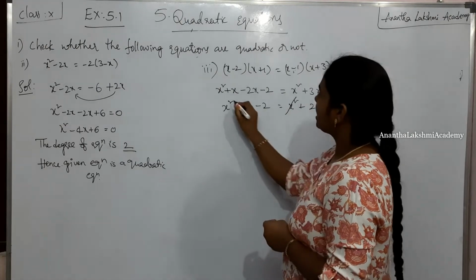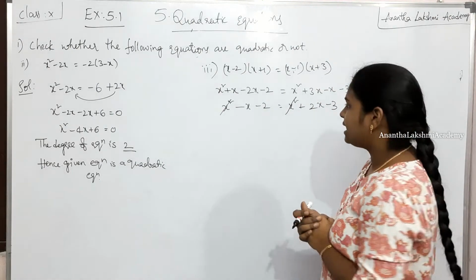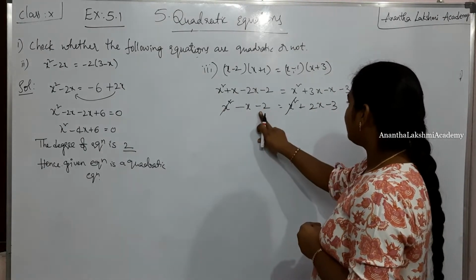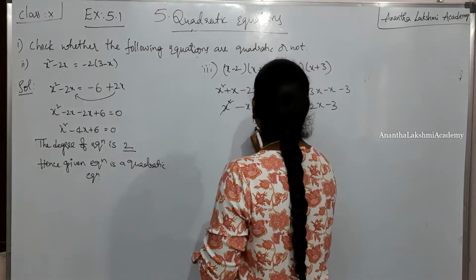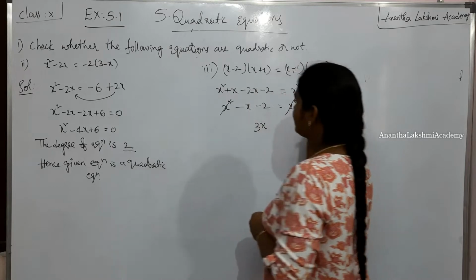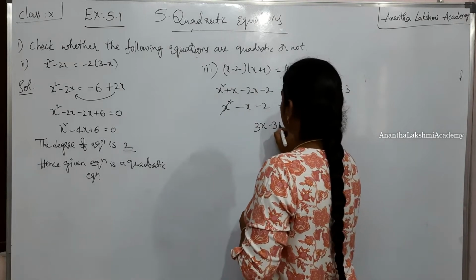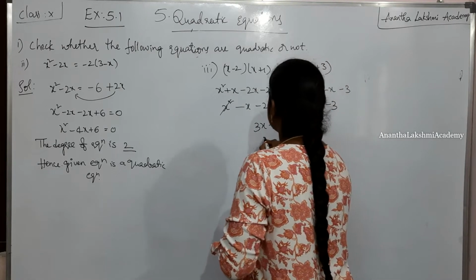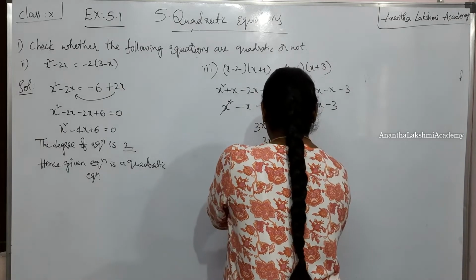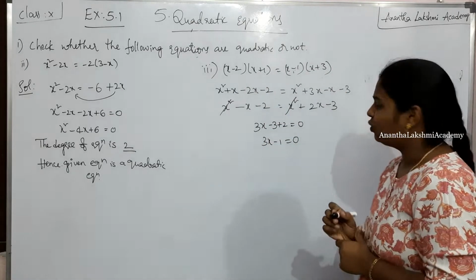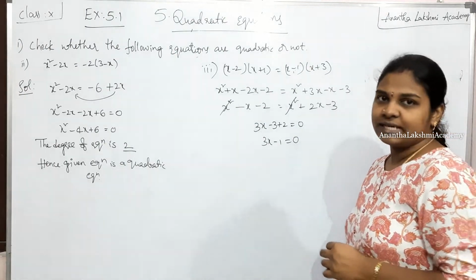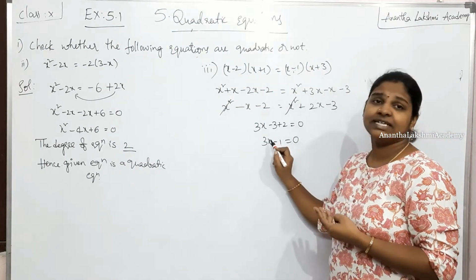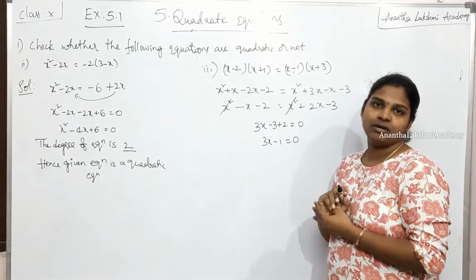Now x square gets cancelled, which is on the LHS and RHS. If I take this to the other side, this minus x to the other side, that becomes 3x minus 3 plus 2 is equal to 0, which is nothing but 3x minus 1 is equal to 0. Now look at this equation. What is the degree of this equation? What is the highest power of x in this? Which is nothing but 1.